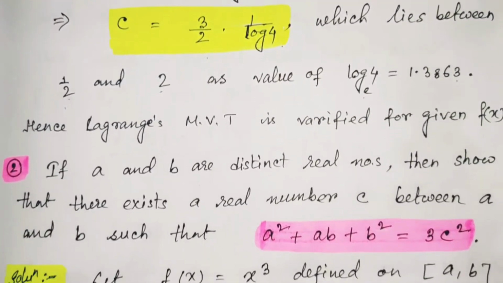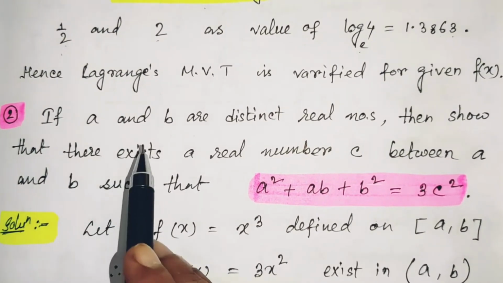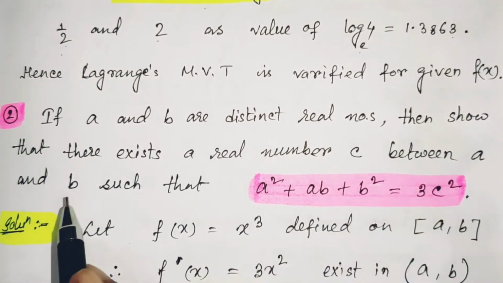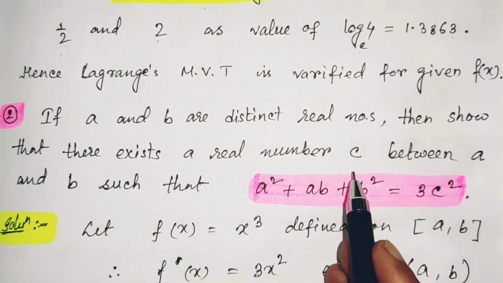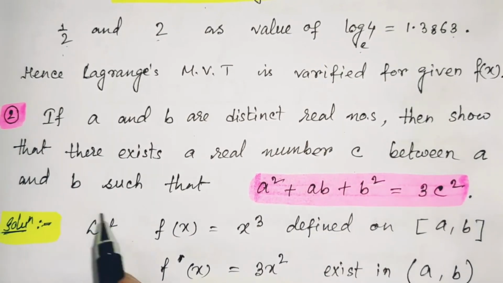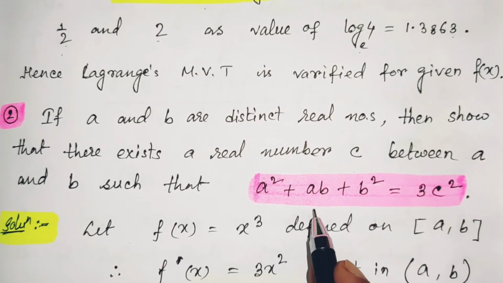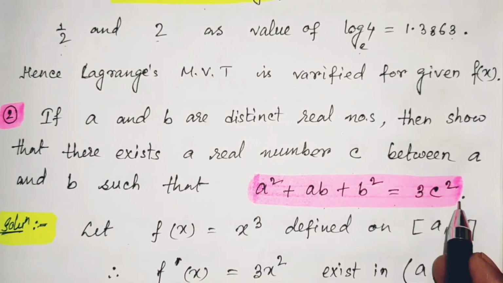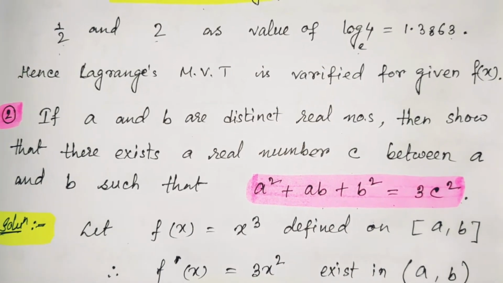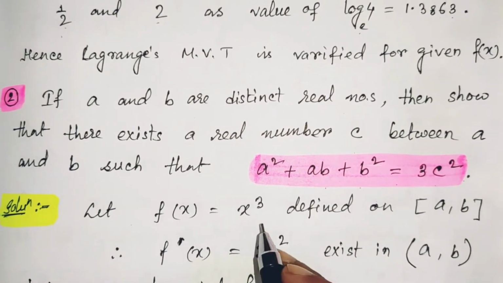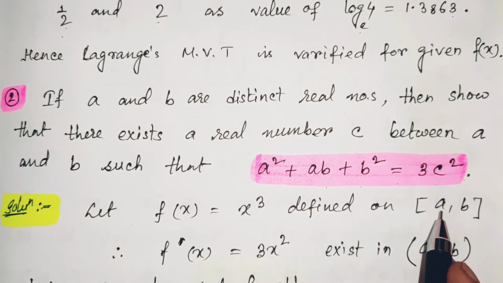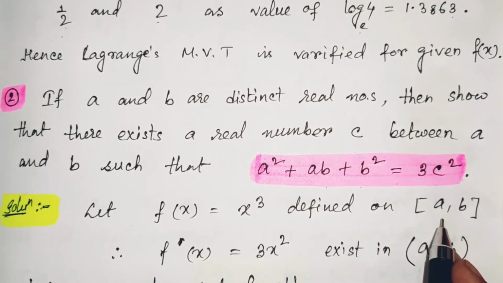One more example let us consider. If a and b are distinct real numbers, then there exists a real number c between a and b such that a square plus ab plus b square is equal to 3c square. So here what to do? Let us first define the function x cube, which should be defined within the closed interval ab.